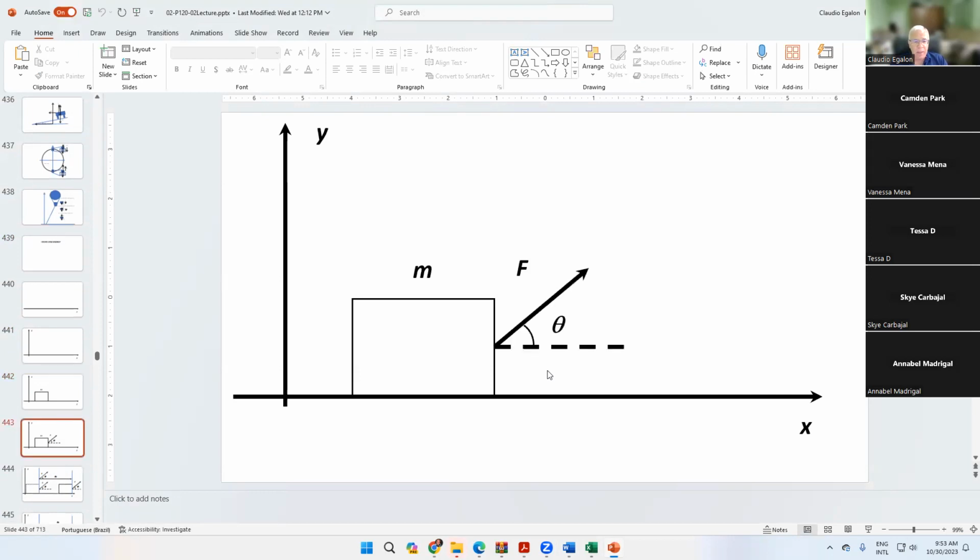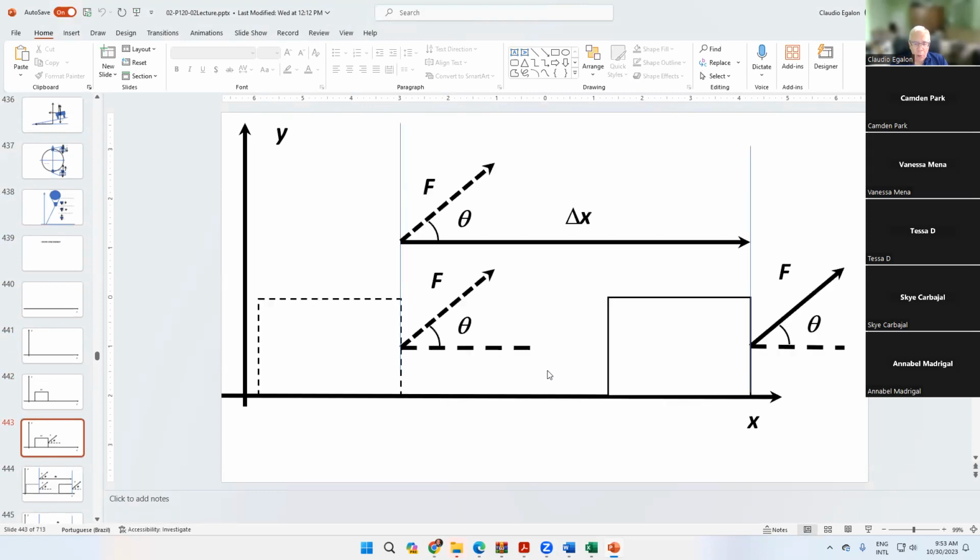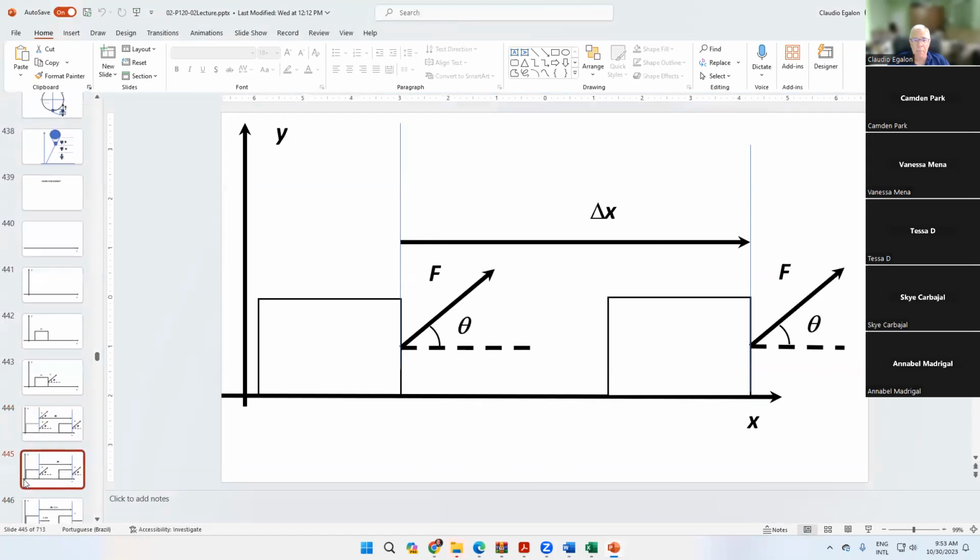If we apply a force to this object and the object displaces, remember, work is a concept defined in terms of a force and a displacement. We say that the work done by this force is going to be the component of the force along the displacement times the displacement.